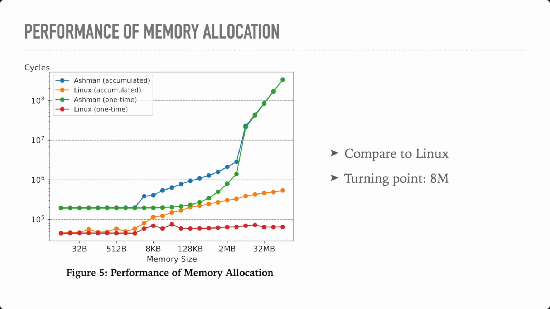So it is relatively small for the whole execution time. And the trend you see is linear, so the bigger the size, the overhead is reasonable. And the turning point is 8 megabytes. It is also the size of our smallest unit for allocation and migration.